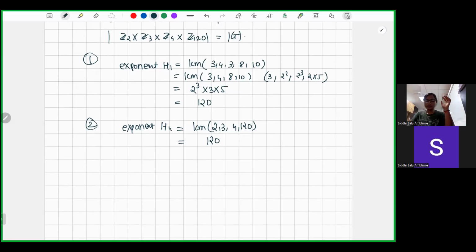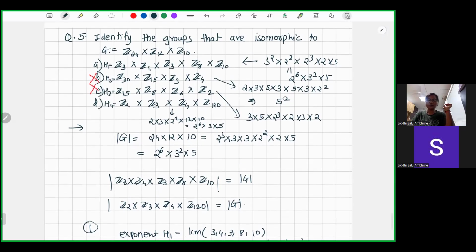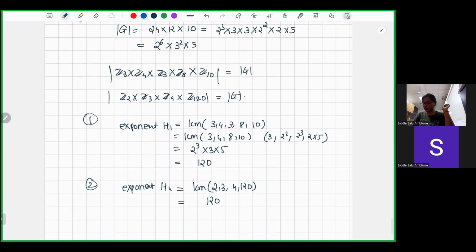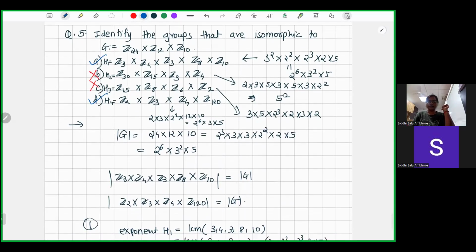So that's why this H1 and H4 will be isomorphic to my G1, because both of them have exponent 120, which is equal to the exponent of G.